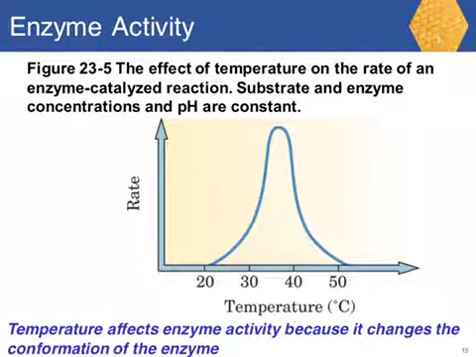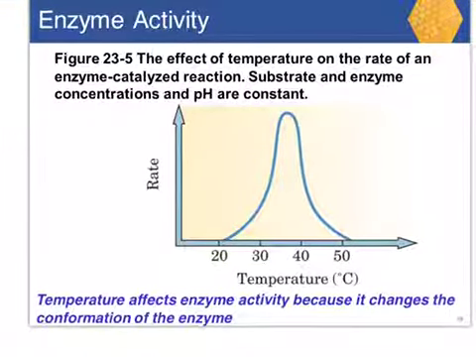Either one, the enzyme functions at a slower rate, or not at all, because you may have denatured the enzyme and it cannot be repaired. And that's because when you change the temperature too drastically, you're actually going to change the shape of the enzyme.